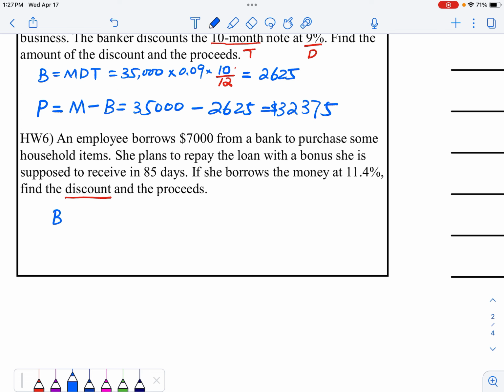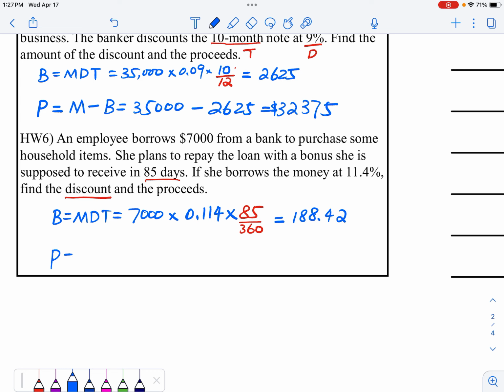So the bank discount will be MDT, which is 7,000 times the discount rate, 11.4%, 0.114, times, again, is this going to be right? Just multiply by 85 days? It is not right. You have to divide this by 360. And this is equal to $188.42, rounded.